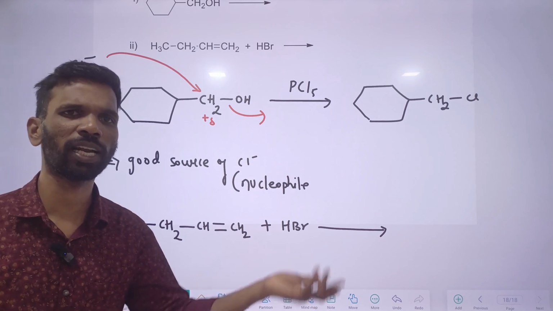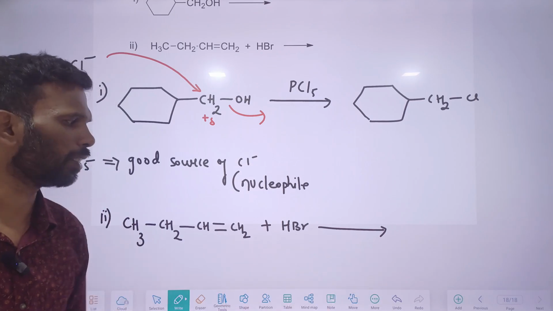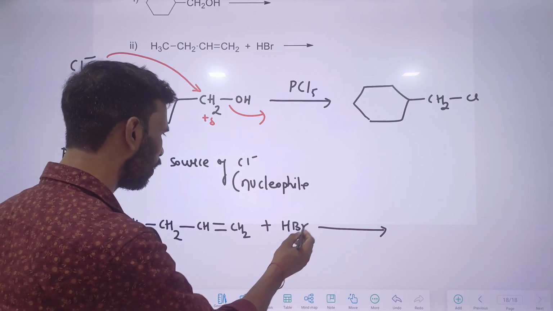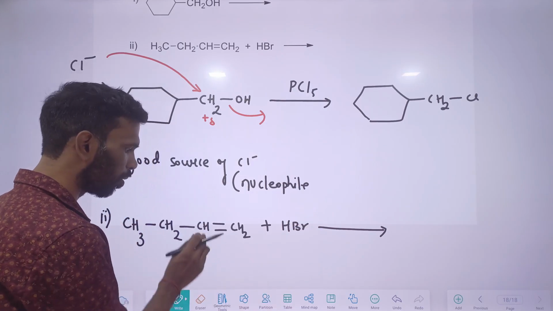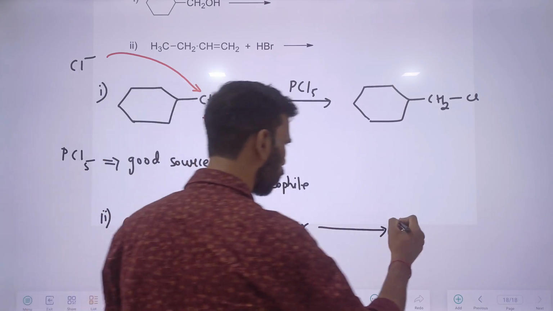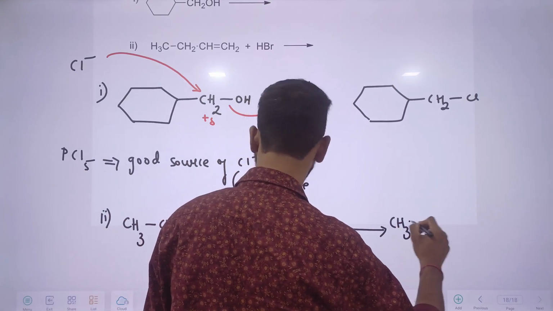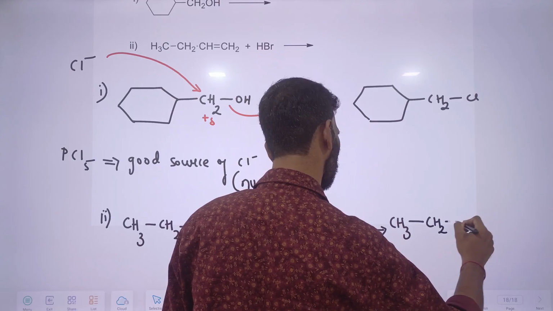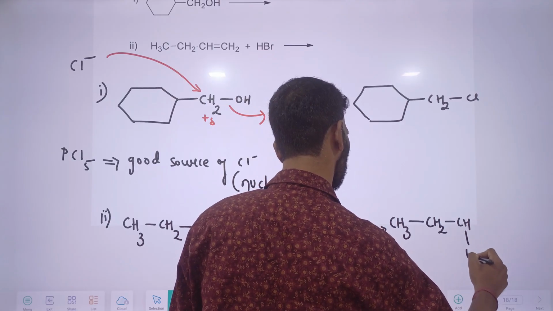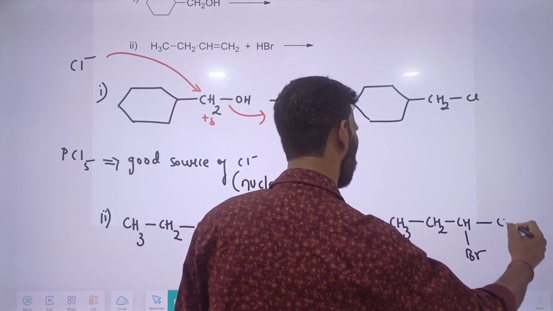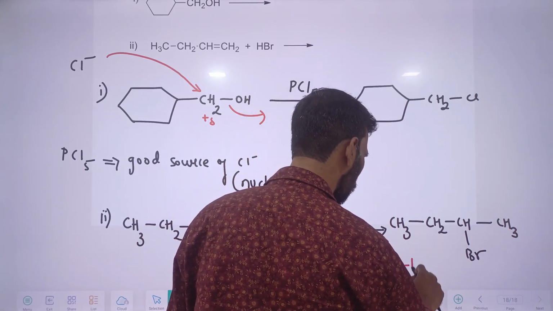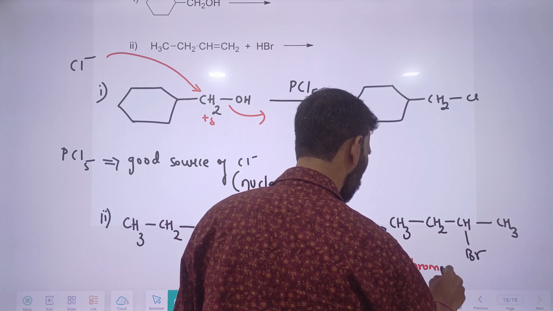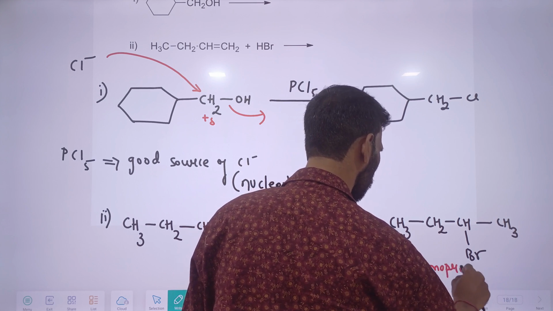If peroxide was there, I would have said the opposite, that is anti-Markovnikov. So Br is the negative part that will come over here because this carbon has less number of hydrogens in the double bond. So your product is very simple. CH3, CH2, CH, Br, and hydrogen goes over here, so CH2 changes to CH3. Name will be 2-bromopropane.